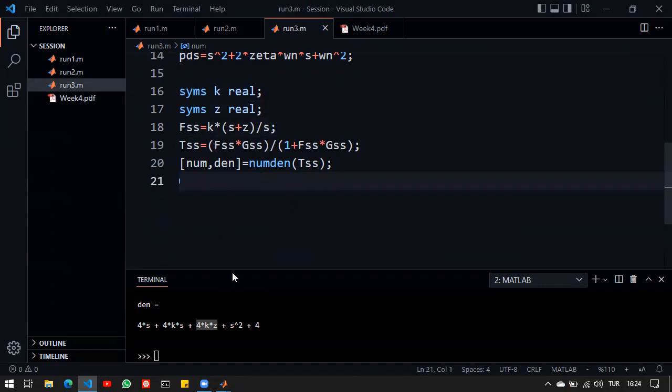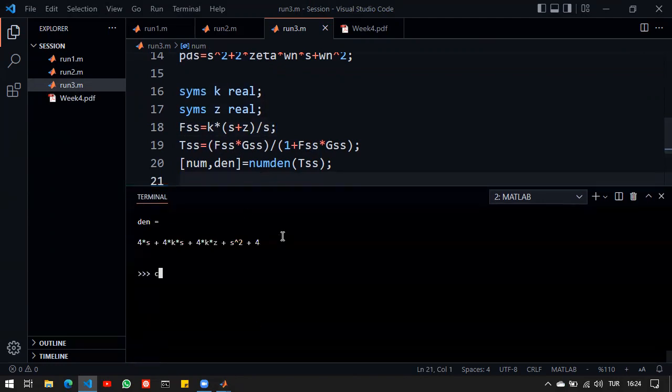Now, let's calculate the closed loop here, and let's look at the denominator. Since we've added a pole, since the controller transfer function has a pole on its own, we can see that the closed loop characteristic polynomial is a third order polynomial.